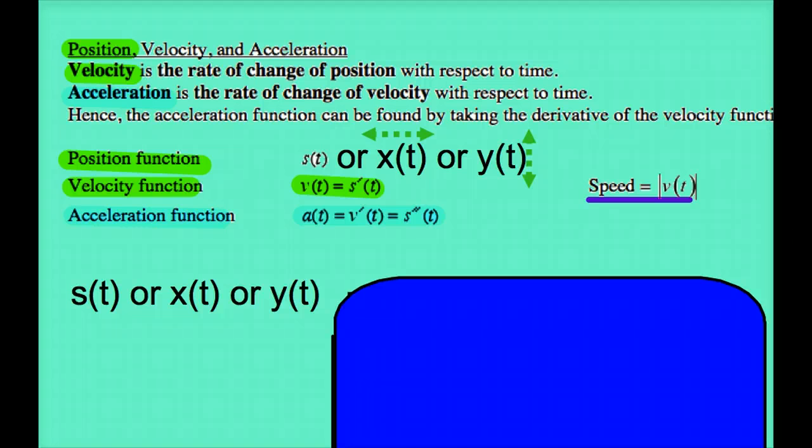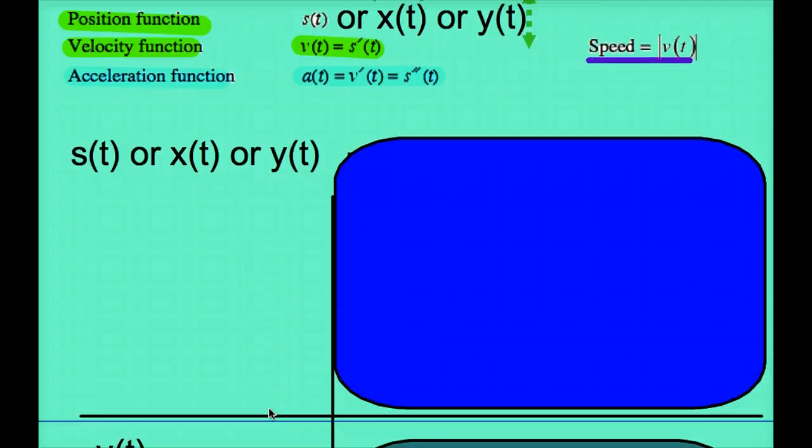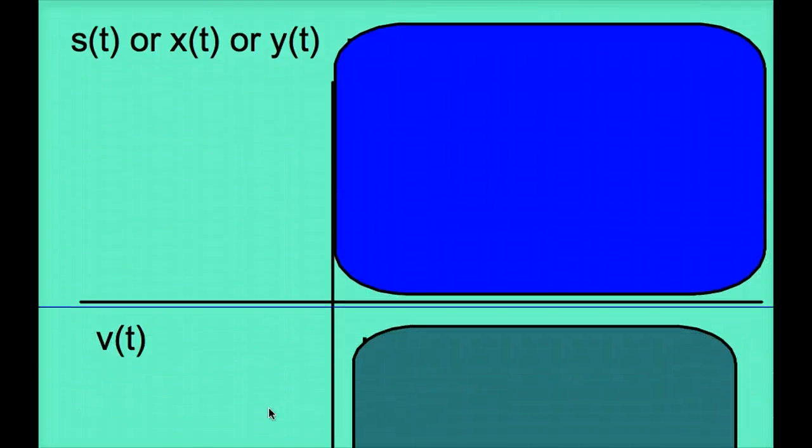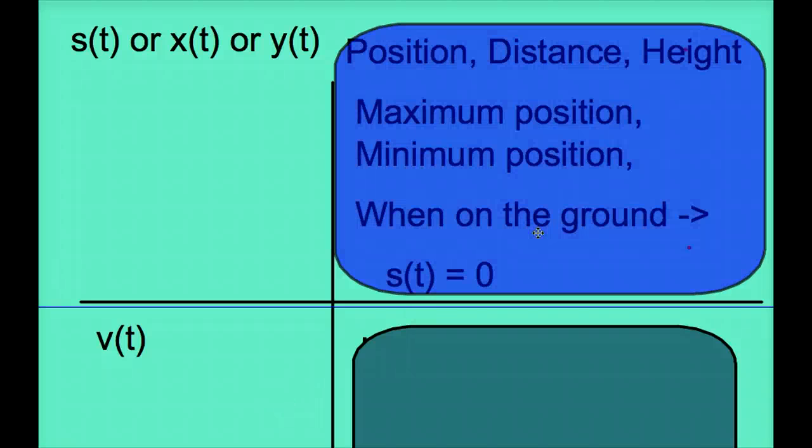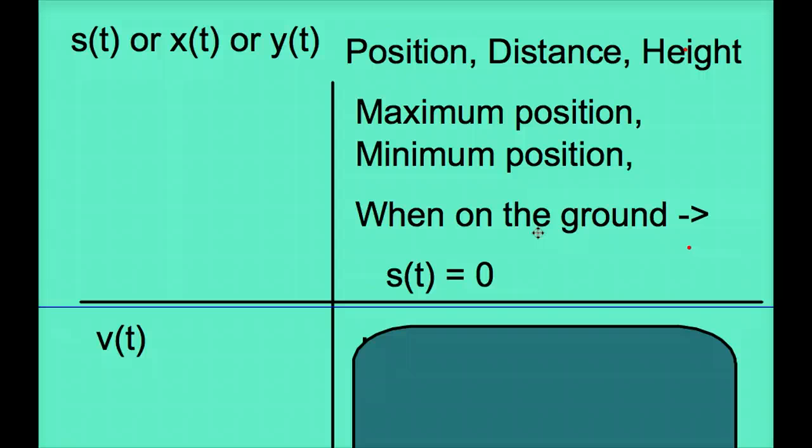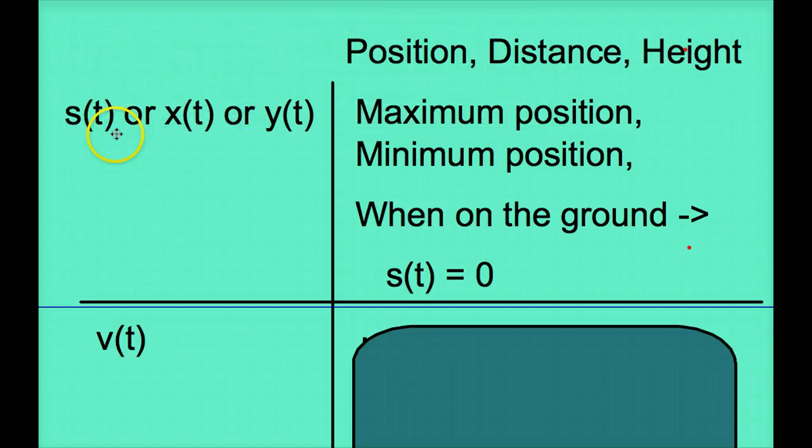So I'm going to give you a little chart with a few hints as to when to use which equation. Anytime you see the word position, the distance, the height of anything, you're going to want to use these equations right here. Okay, so let me move it down. You'd use either s of t or x of t or y of t depending on the problem.